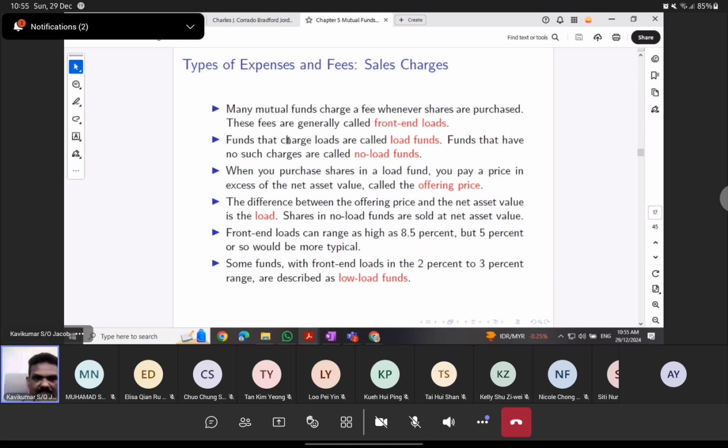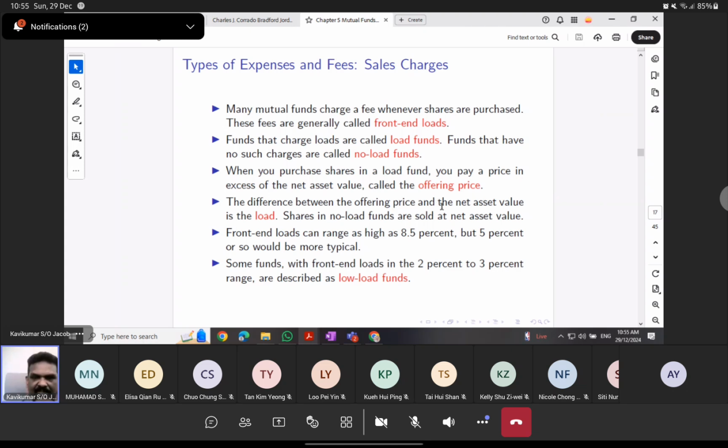A fund that charges loads means that when you buy shares, you pay certain charges. That's a load fund. Funds that have no such charges are called no-load funds. When you purchase shares in load funds, you pay a price in excess of the net asset value, which we call the offering price.